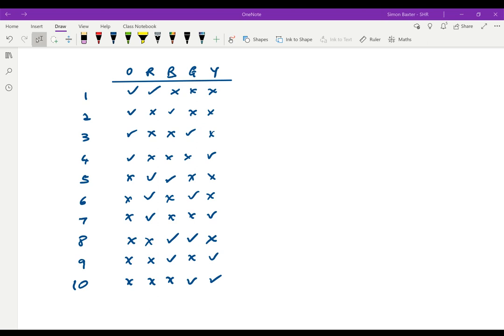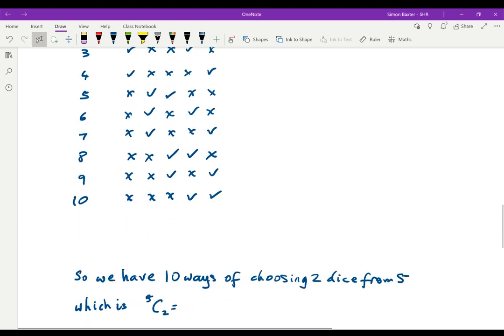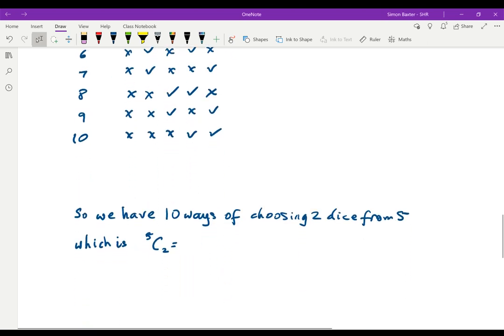There aren't any more. This is really the number of ways that we can choose 2 from 5 dice. It's the number of ways that we can choose 2 from 5. And we have 10 ways of choosing 2 dice from 5.